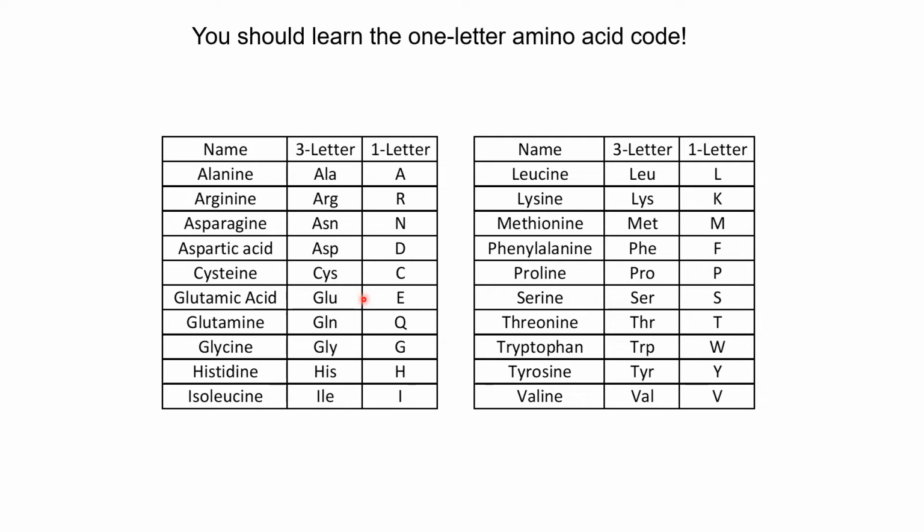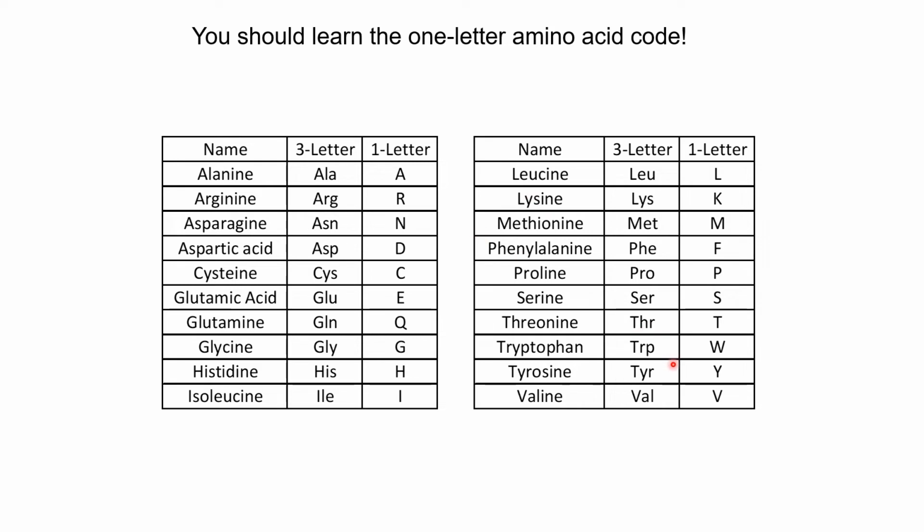So for the one letter, let's just add the missing letter E at the end, so it becomes glue. So it is E. And then glutamine sounds like "cutamine", so it's Q. Glycine is G, histidine is H, isoleucine is I. These are intuitive. Same goes for leucine.